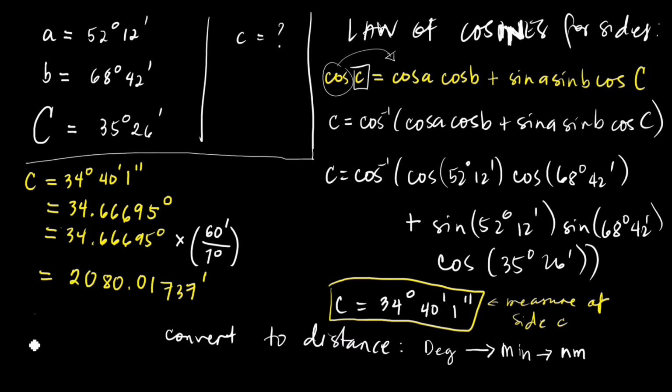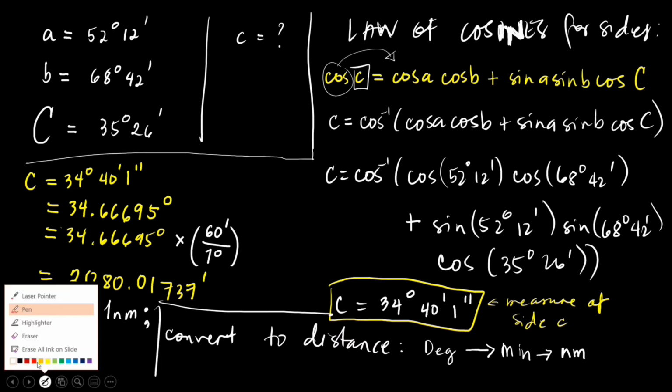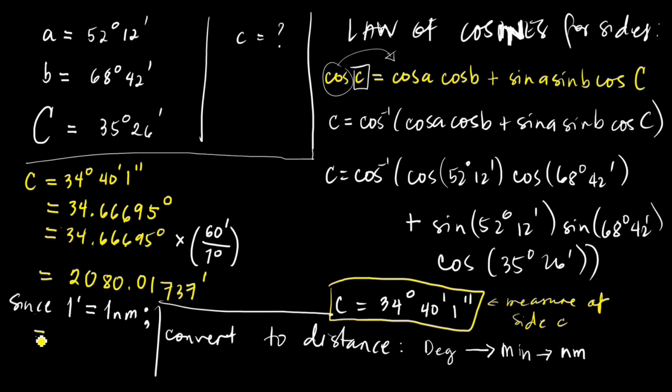Then since 1 minute is equal to 1 nautical mile, it means that we have 2080.02 nautical miles. So this is the distance.